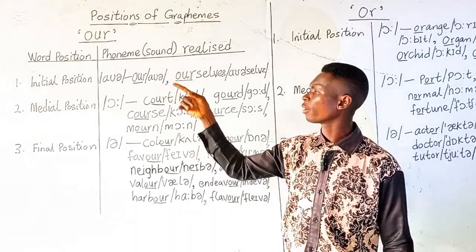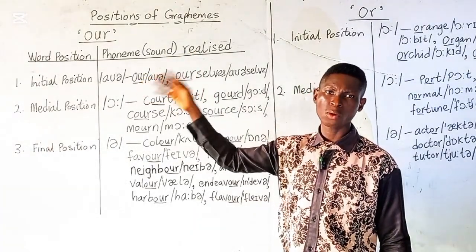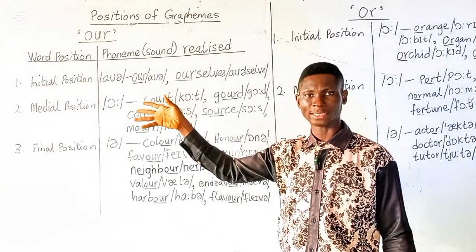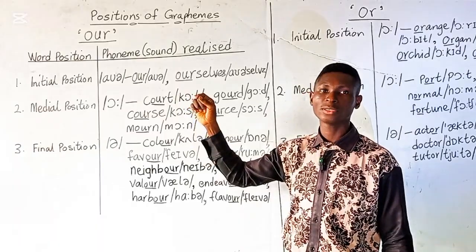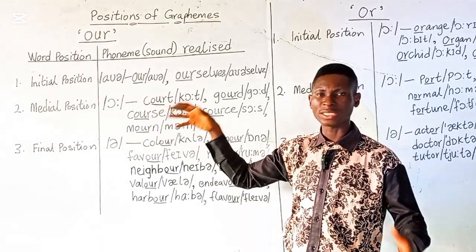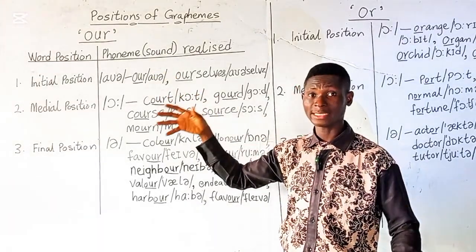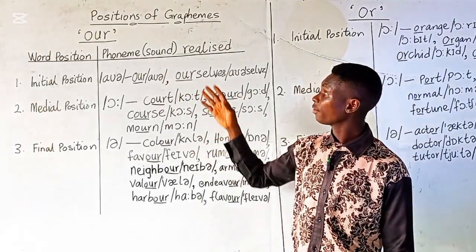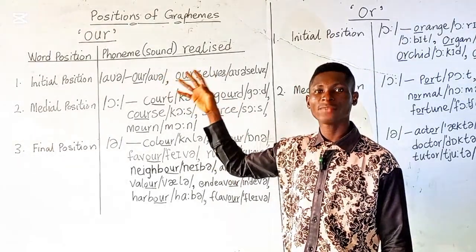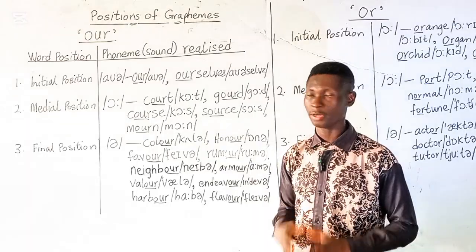In other words, if we have OUR at the beginning of a word, what sound are we expecting there? And if we have it at the medial position, at the middle of a word, between two consonant sounds or between two consonant letters, what are we expecting there? And then if we have it at word final position, what are the sounds we're expecting there?